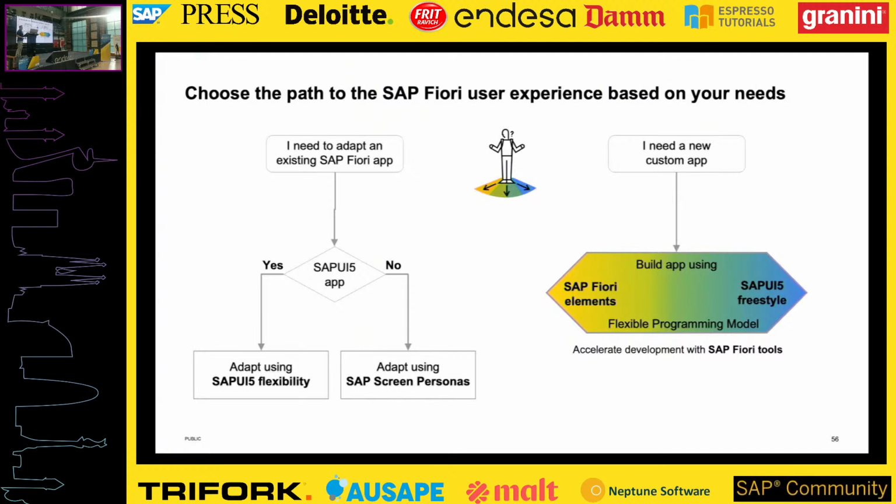Or go somewhere between in this continuum with the building blocks as I explained. If you reuse from SAP, there's a decision: what technology is it built on? Is it built with classical UI technologies? Then SAP Screen Personas is the tool to adapt this. If it's SAP UI5, we have UI5 flexibility.